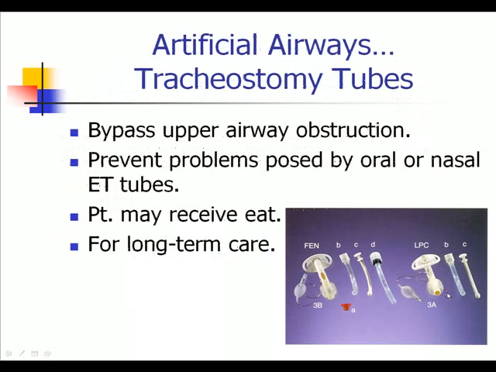Well, there are some advantages of the tracheostomy tube, even though it seems to be more of a permanent airway. Keep in mind that it still bypasses the upper airway, however, it avoids some of the problems posed by both oral and nasal endotracheal tubes because, one, it's easier for the person to communicate. They don't have something in their mouth or in their nose.